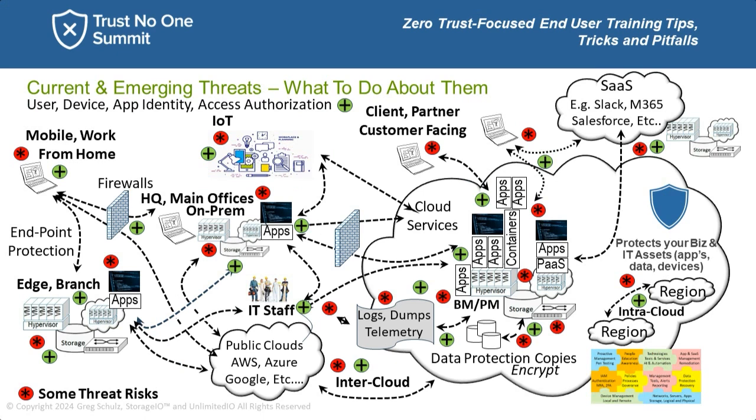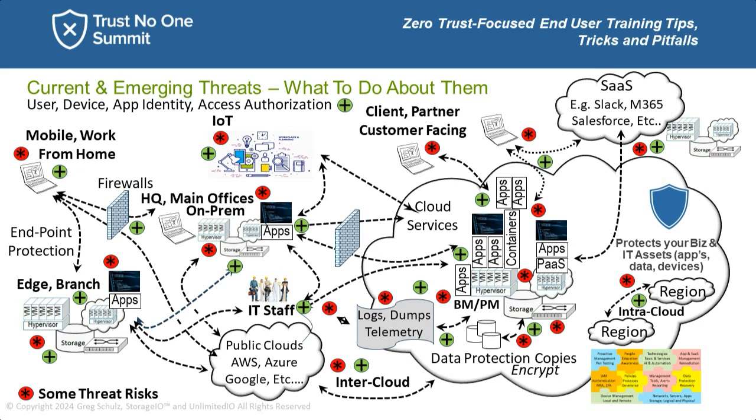Okay, so now let's build out on this a little bit more. And again, this is to understand where these different issues are, so that we can train and we can apply different technology tools, tricks, and pitfalls to watch out for. Okay, so wherever you see the little red asterisk, those are threat risks.